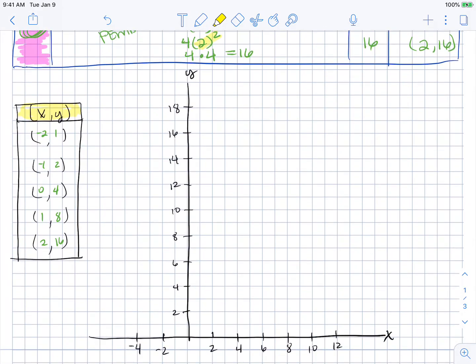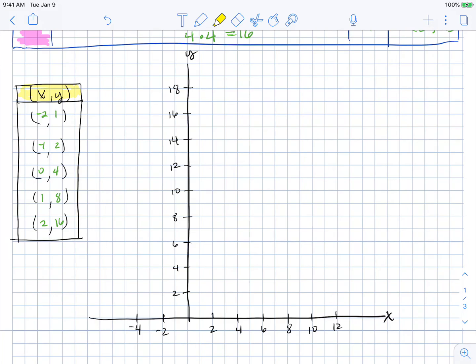Okay. Now I'm going to plot these in the xy plane. I think I'll use red and say -2, 1, that's here, -1, 2, that's here, 0, 4, that's here, 1, 8 is here, and 2, 16, well, that's going to be here.